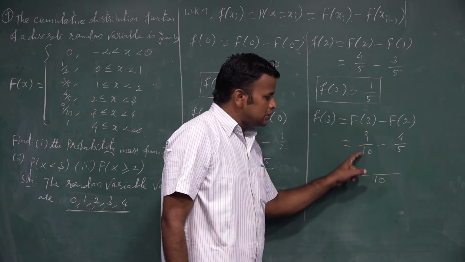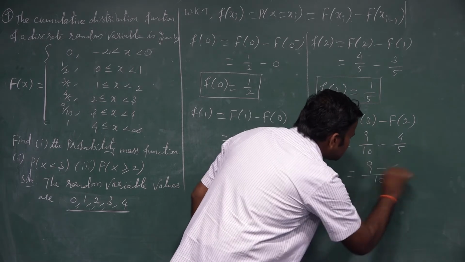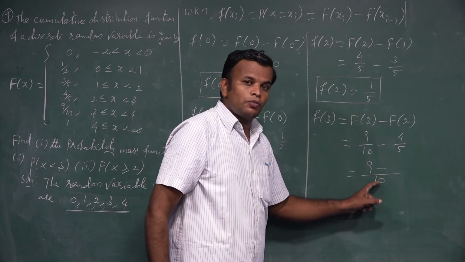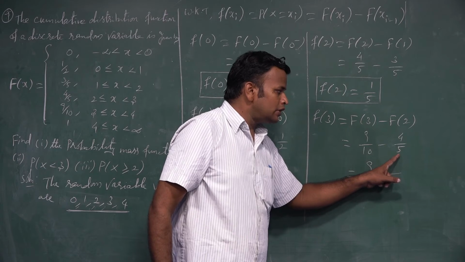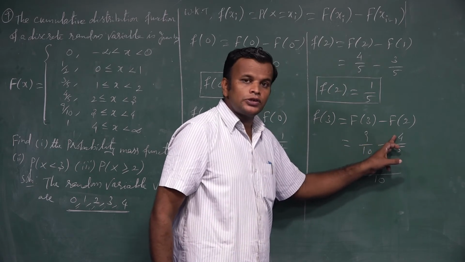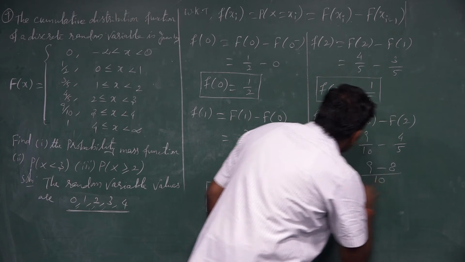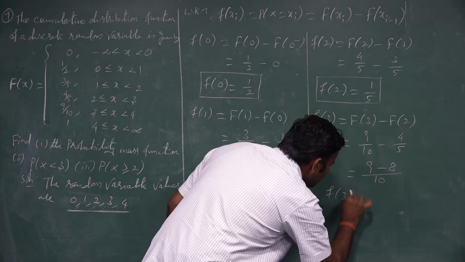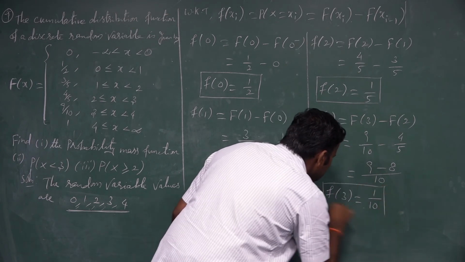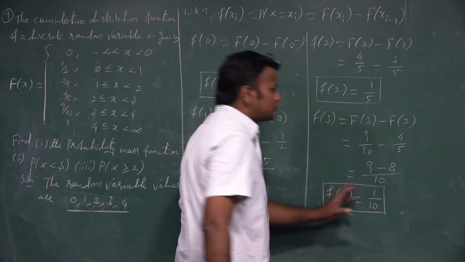The first denominator is already 10, so I write the numerator 9. Minus 4 by 5, but our LCM is 10, so we multiply the denominator by 2 to get 10, and multiply the numerator also by 2. 2 4s are 8. So f of 3 is 9 minus 8, which is 1, so 1 by 10.